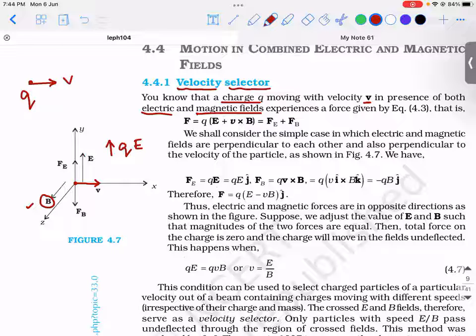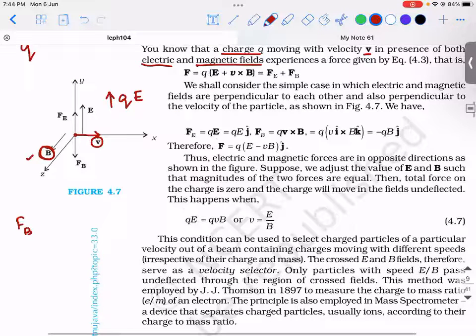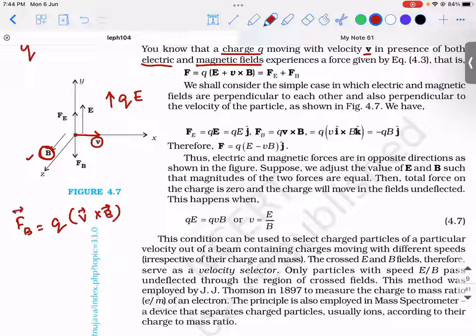And due to the magnetic force, where the magnetic field is taken along z direction and the velocity taken along x direction, using the formula Fb is equal to q into v vector cross B vector, find out the direction in which the magnetic force will act. So v vector is v i cap, B vector is B k cap. Solve it and tell me.